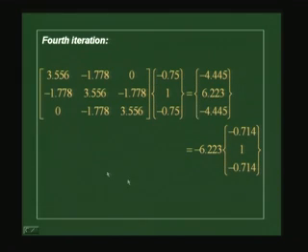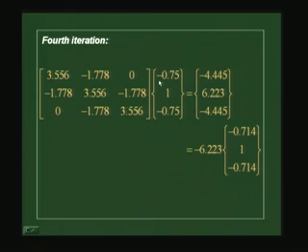In the fourth iteration we took that minus 0.751, minus 0.75 from the previous step and multiplied by the matrix A and we got minus 6.223, 0.7141, minus 0.714. Now, you can see that we are reaching values close enough.